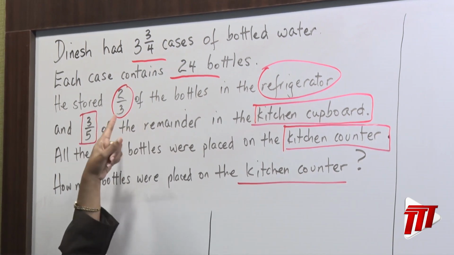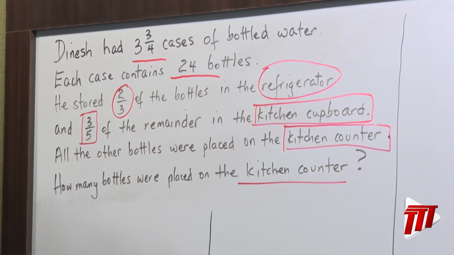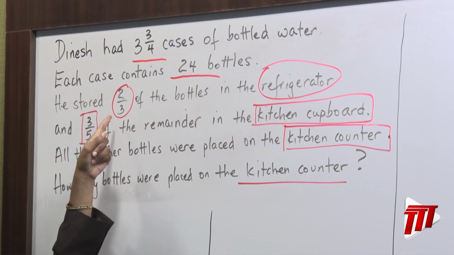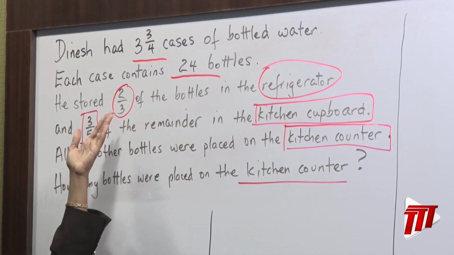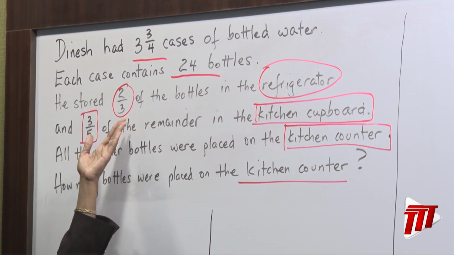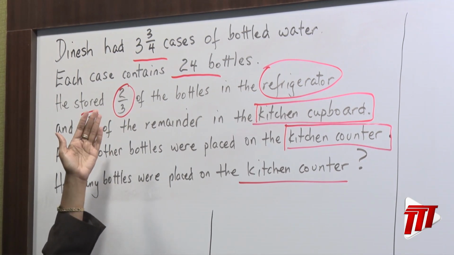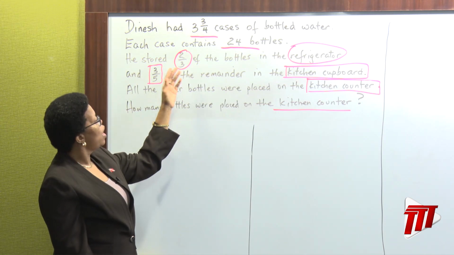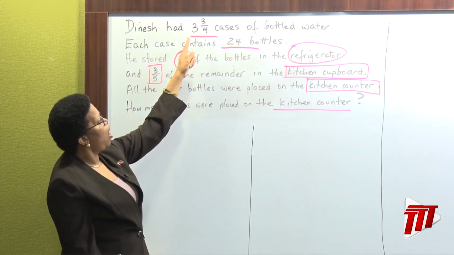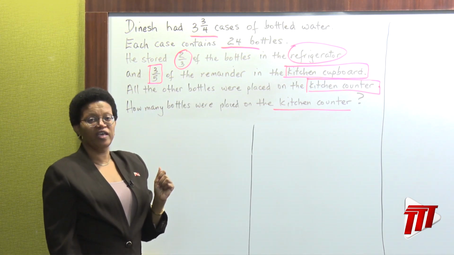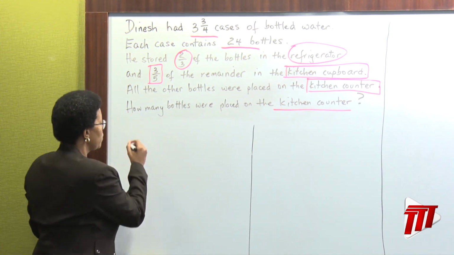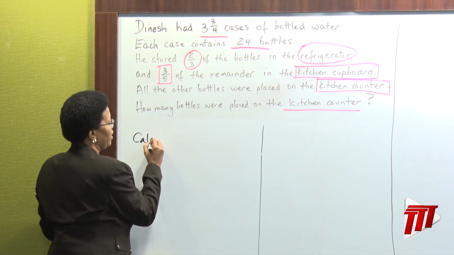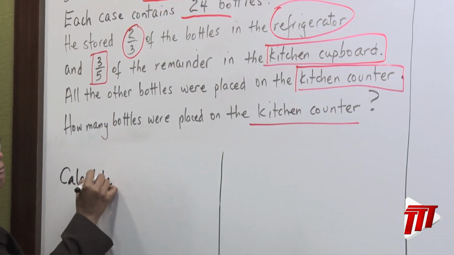No. Let's consider then what was not stored. 2/3 was stored in the refrigerator. The remainder must be 1/3. So let's deal with 1/3. 1/3 of 3 3/4 of the cases of bottled water. That's our remainder. So let us calculate the remainder.